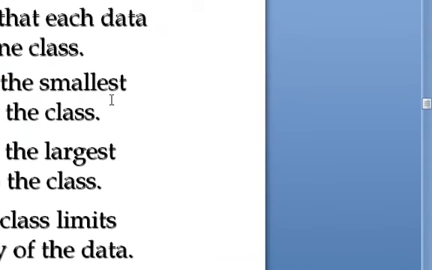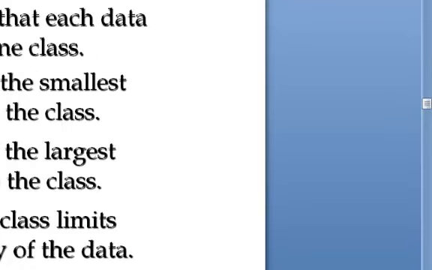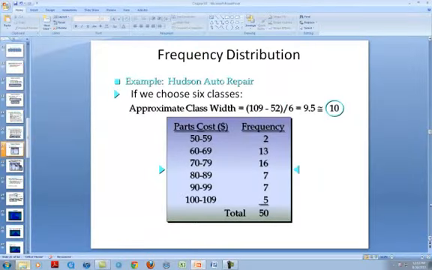The lower class limit identifies the smallest possible value. What is our lowest class limit? 50 to 59, right? And 52 is the lowest. Similarly, the upper class limit identifies the largest possible data value. So, please consider this table.